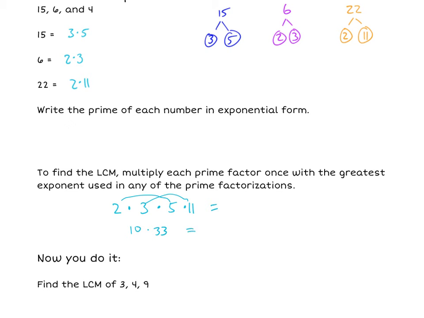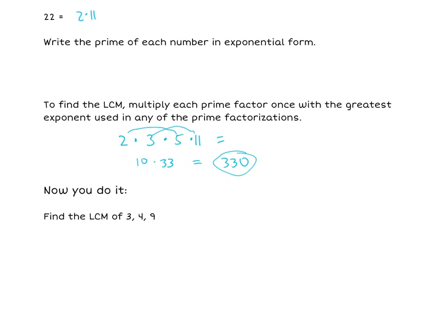So we got 330. That is the least common multiple of 15, 6, and 22. It's the smallest number that all of those fit into. That's the least common multiple.